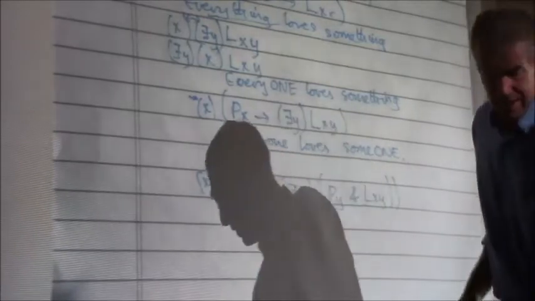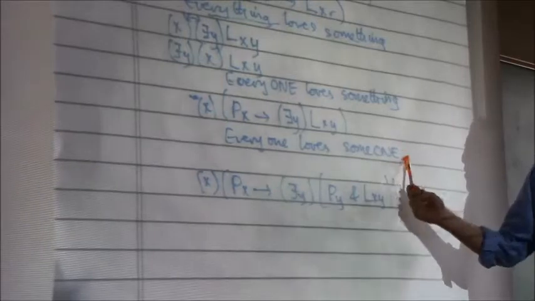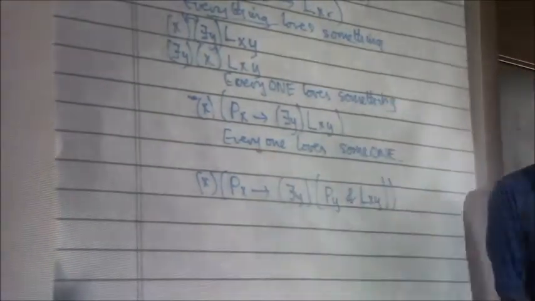Now, what you might notice, first of all, how many quantity words are there in this sentence? 2. What are they? Every and some. Okay.